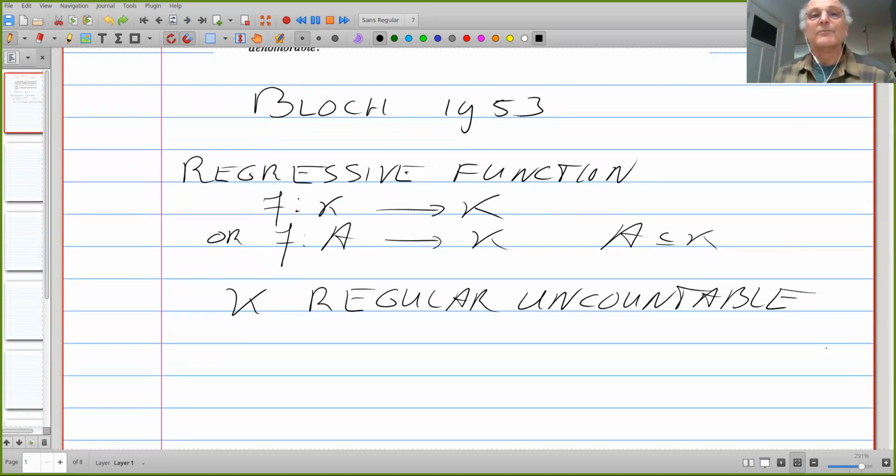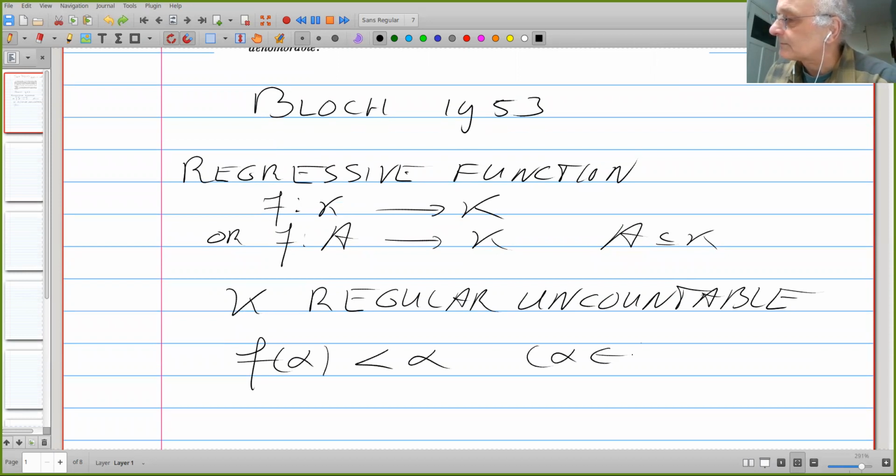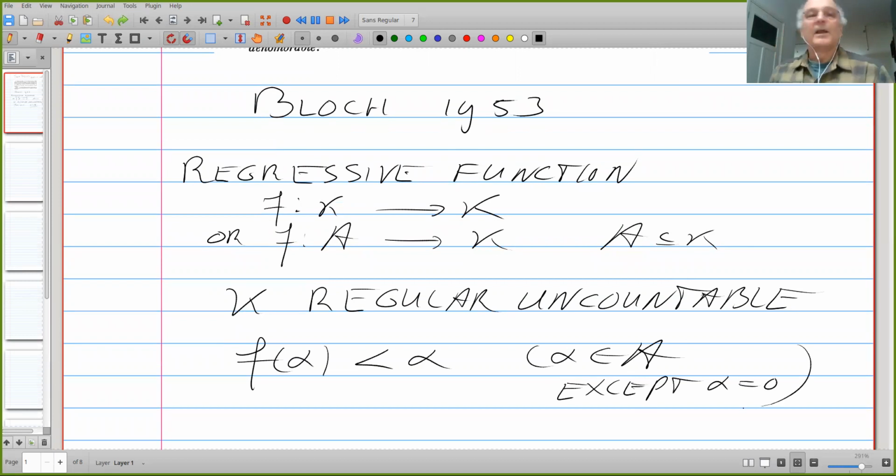So what makes a function regressive? A function is regressive if it looks down, if f alpha is less than alpha for all members of the domain, except of course 0, because it's hard to find an ordinal less than 0.